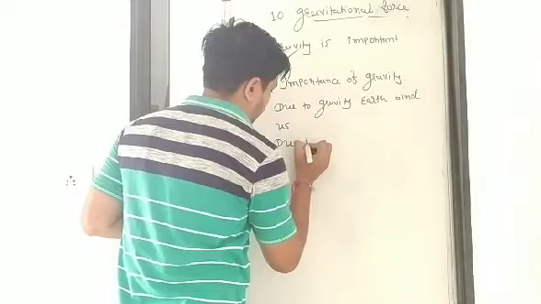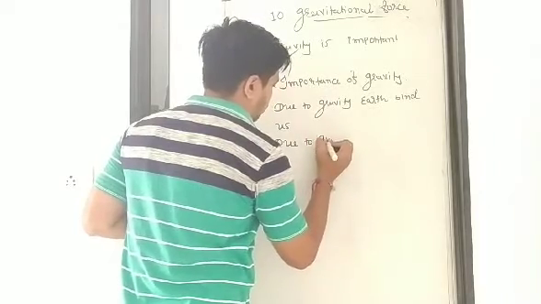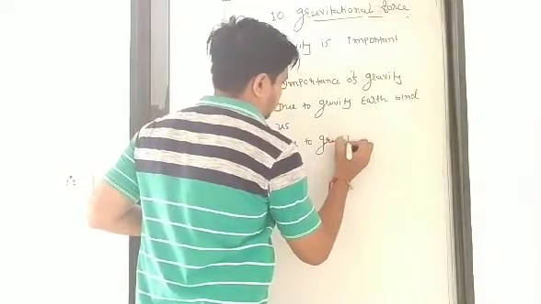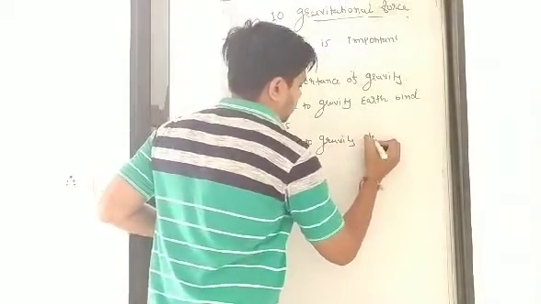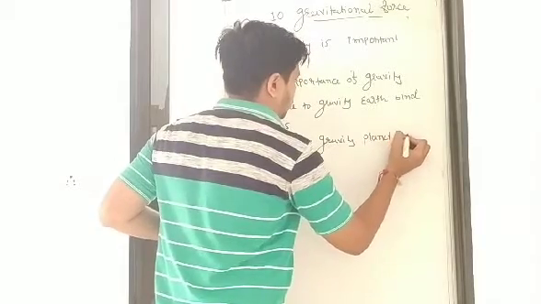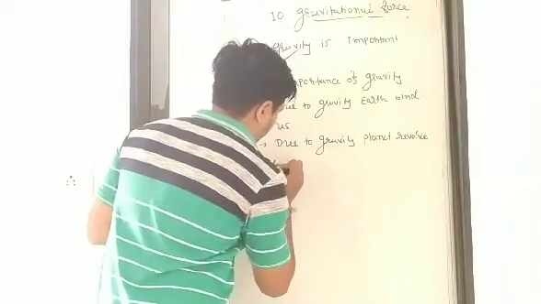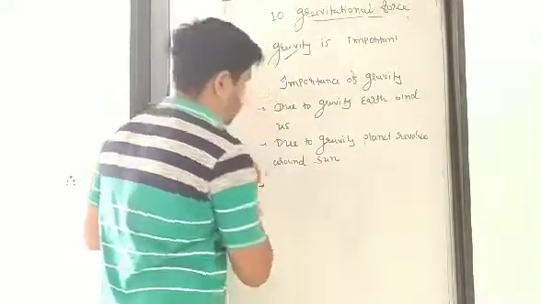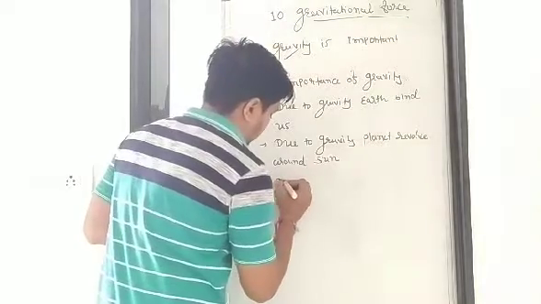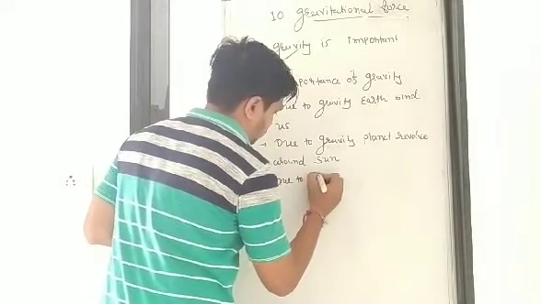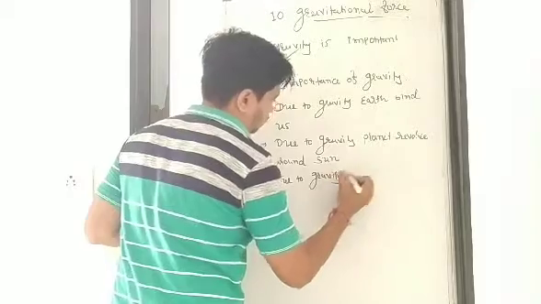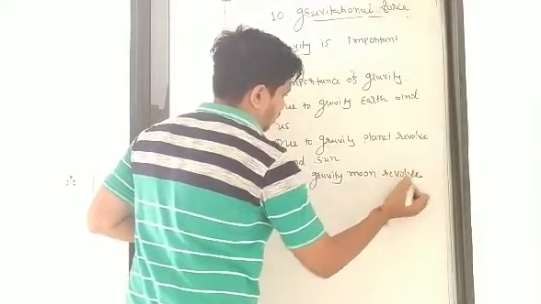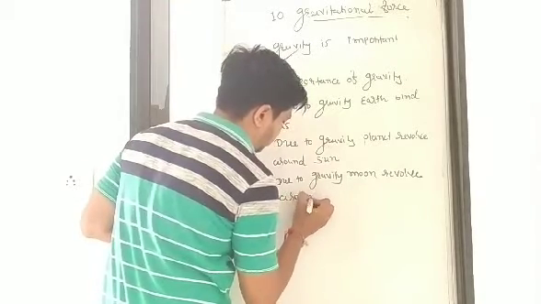Due to gravity, planets revolve around the sun, right? Now due to gravity, the moon revolves around the earth.